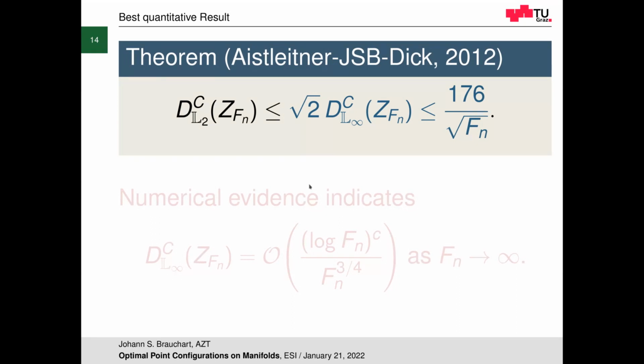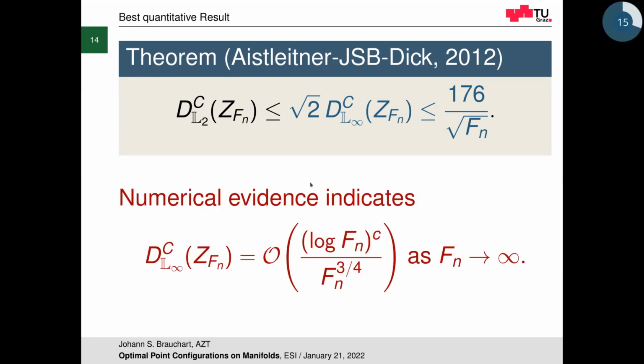The numerical evidence for the infinity discrepancy: in the paper of 2012, we did some ad hoc calculations, so we estimated the infinity discrepancy. Nowadays, there are indeed algorithms which you can use to compute the infinity discrepancy for a given point set. And we could see that there's a power of log.